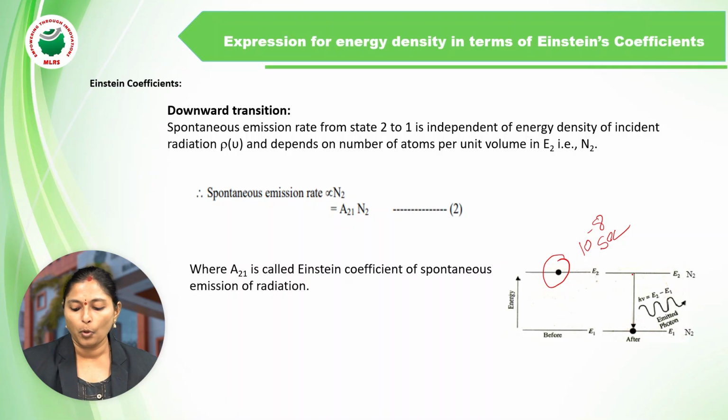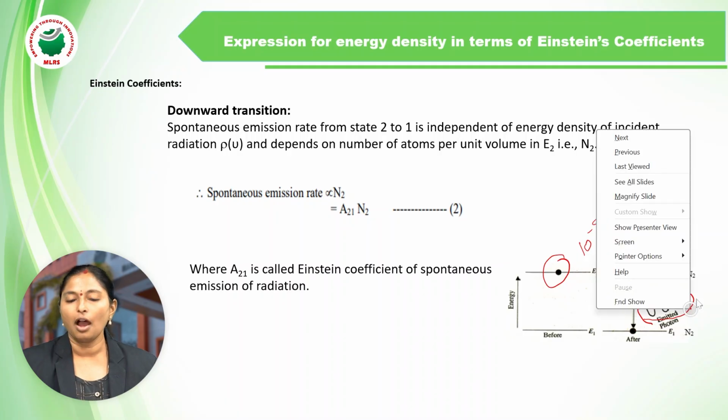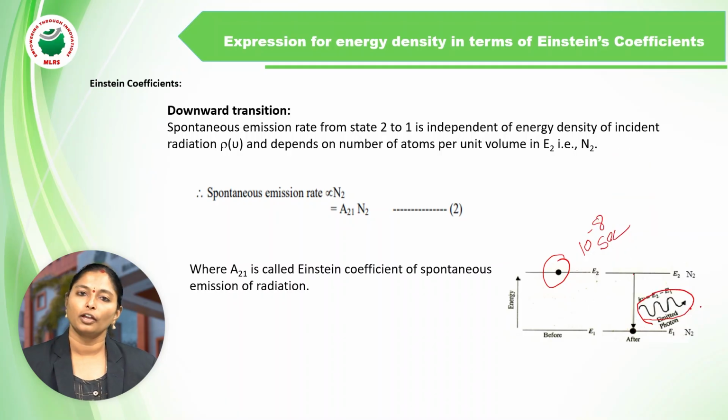What is going to happen? The atom spontaneously comes to the ground state by emitting h nu energy spontaneously. This emitted photon follows ordinary light properties, that means in ordinary light we have the spontaneous emission principle.